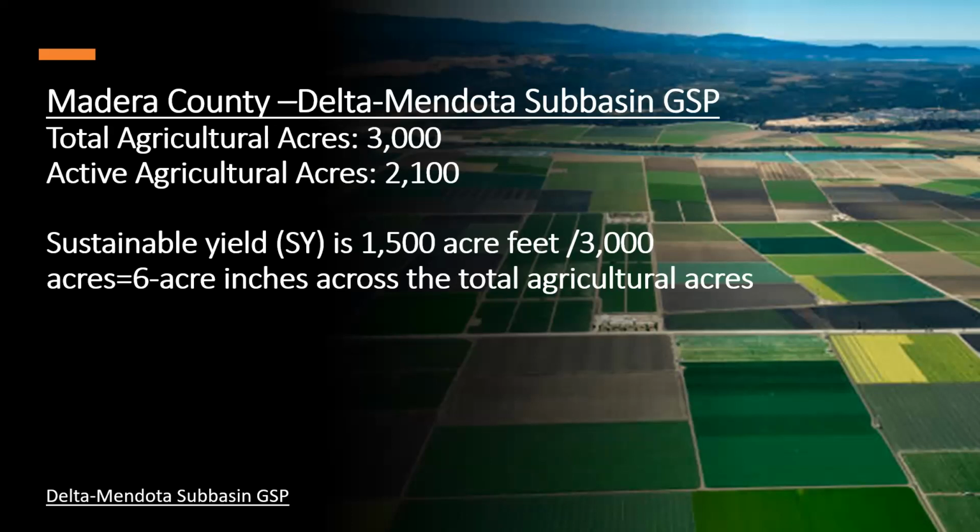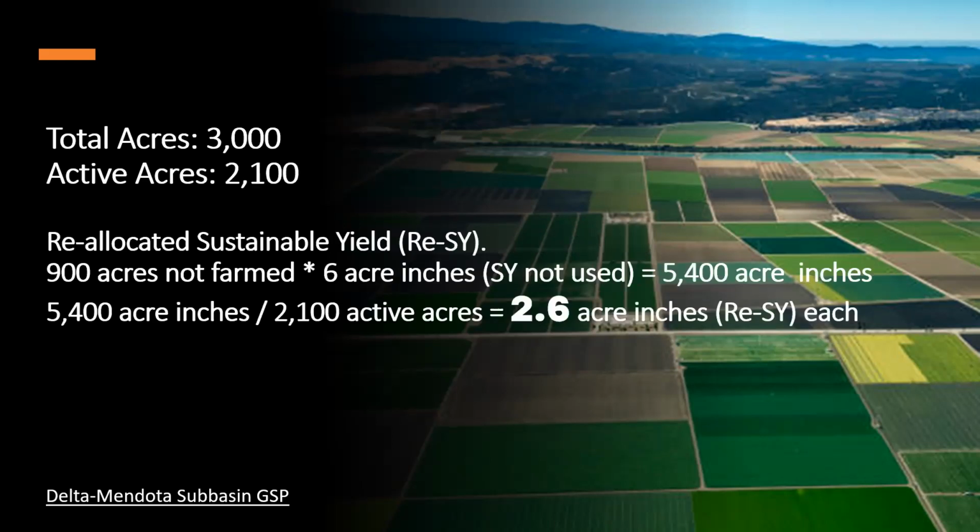Now, because some of it is not used, between the 900 acres that are not farmed, you take those 900 acres and they each have 6 acre inches, you end up with 5,400 acre inches that are not used. And you divide that by the 2,100 acres that are used. Each acre that is farmed gets a bump of 2.6 acre inches. So now you have your 6 acre inches of sustainable yield, and you have your 2.6 acre inches of reallocated sustainable yield, giving you a total of 8.6 right now.